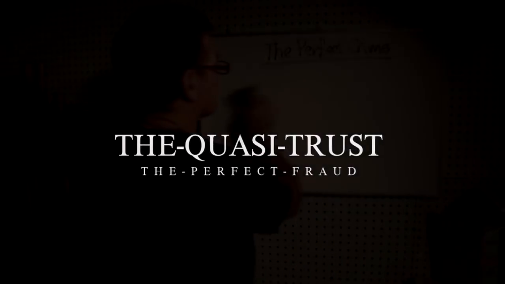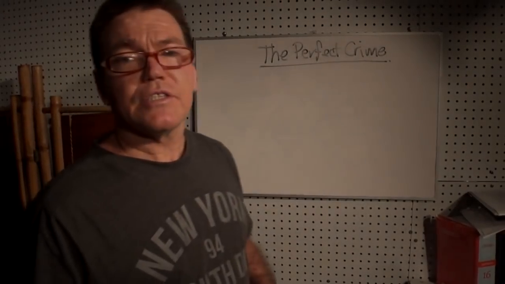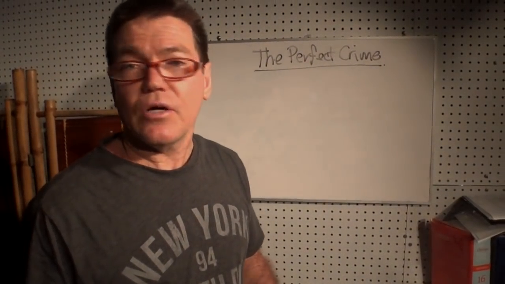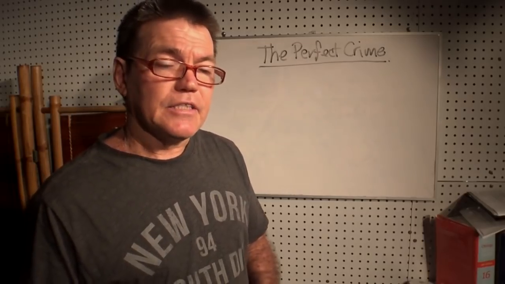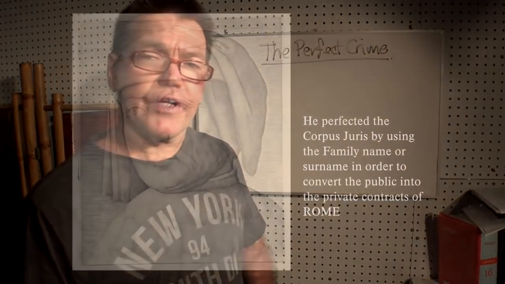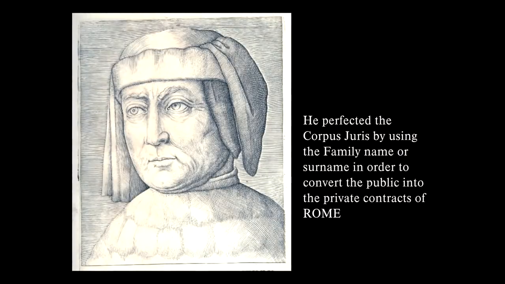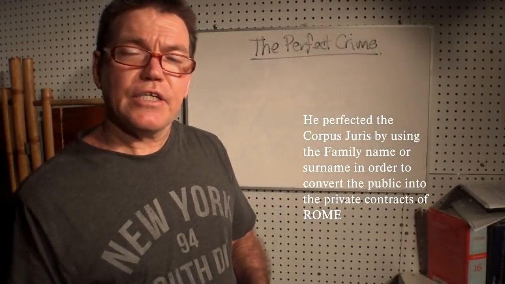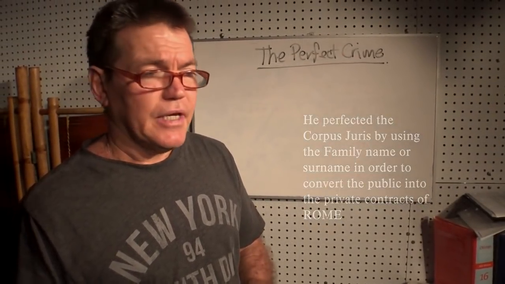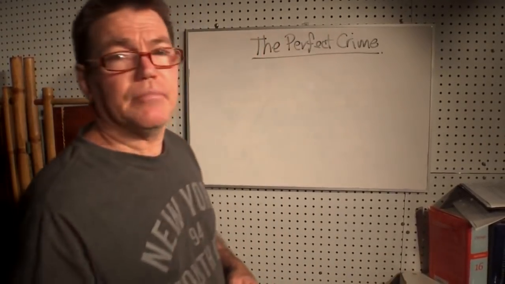You see, we have been lied to for thousands and thousands of years, is what I assume. But especially since Accursius in 1230 AD, when they created the Corpus Juris, which is a quasi-trust law system. And what they did to do that is they created two names.